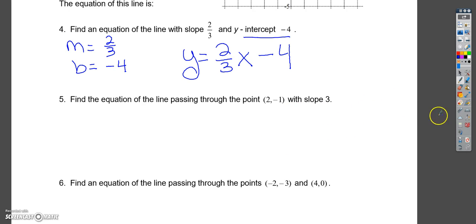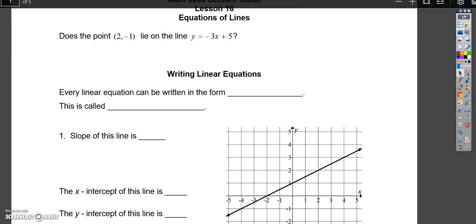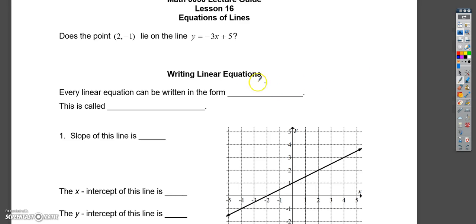Now, I'm going to go back to the very beginning, and I'm thinking that right here, that instead of the standard form, I think they wanted y minus y sub 1 equals m times x.